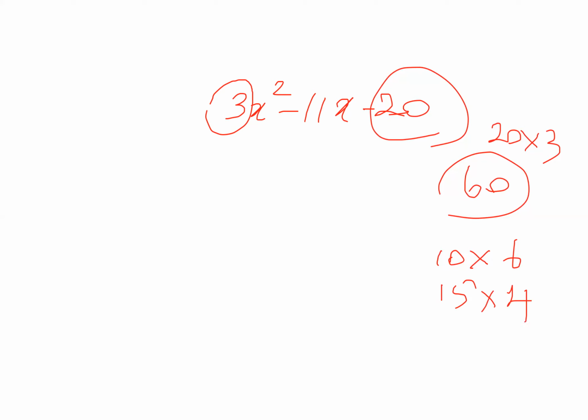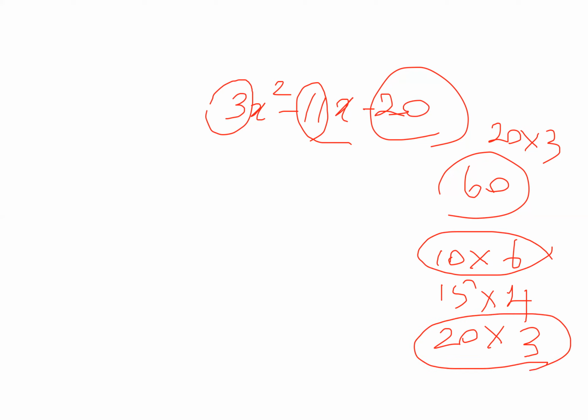And what are the others? 20 into 3. Now check. You need the 11, the middle term coefficient. Which one? When we add these two, no. When we subtract these two, no. But when we subtract 4 from 15, we can get the 11. That means these two are the appropriate ones.